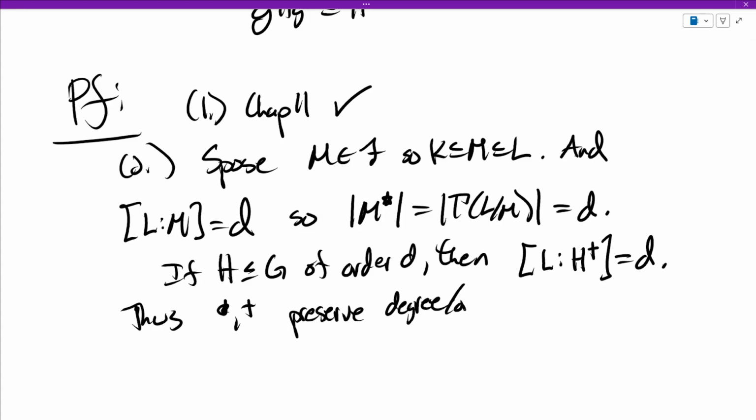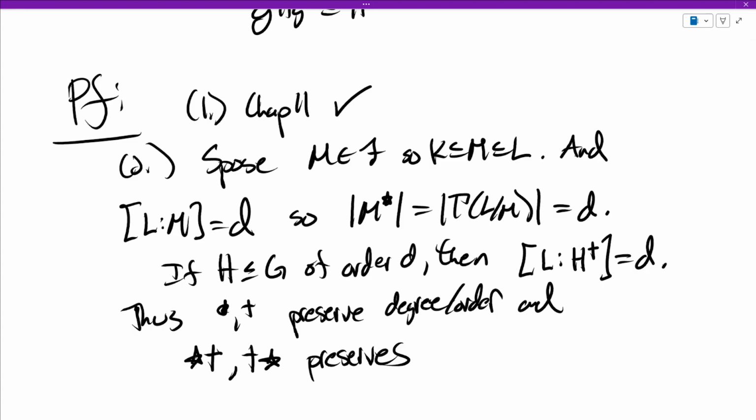And what I mean by that is exactly what this is saying. And if we then compose them, star then dagger, or dagger then star, this must preserve, let's see.